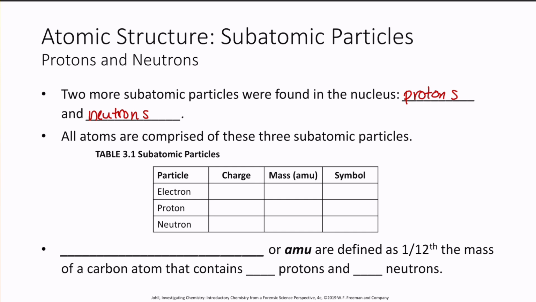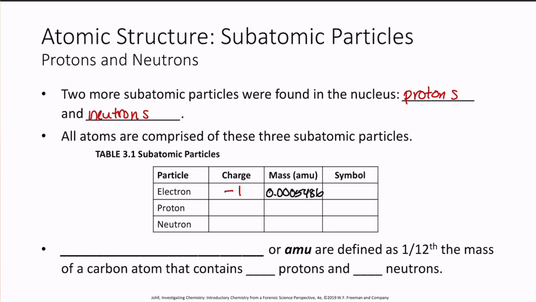So the charge of an electron is -1. It has a mass relative to a proton or a neutron of 0.00054 86, and this is in atomic mass units, or AMUs.